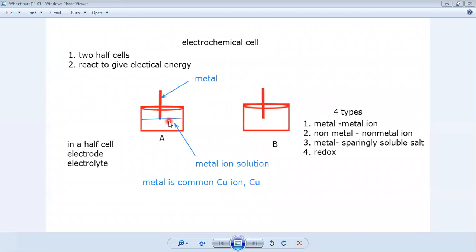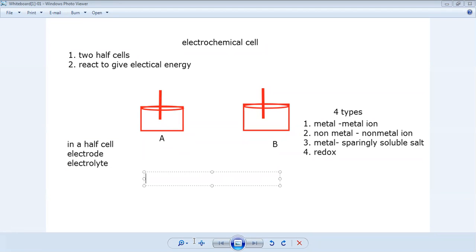So let us go for an example. I gave you one example. Now any one of you can give me another example. Zinc. How are we going to go for zinc? What will be present in the solution?